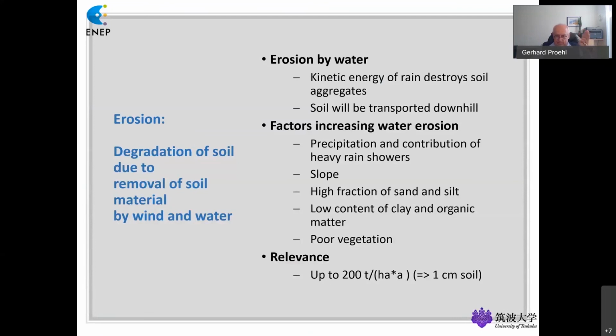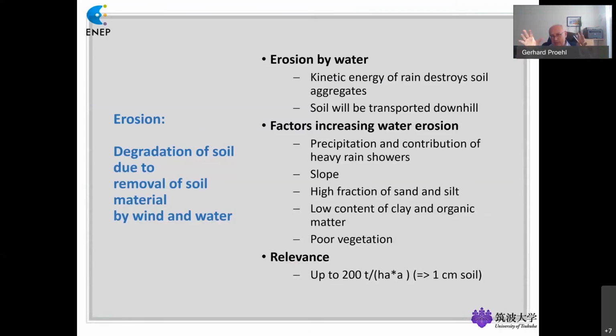And on the long term, we have also erosion. Erosion causes a degradation of soil, and we have also erosion by water.